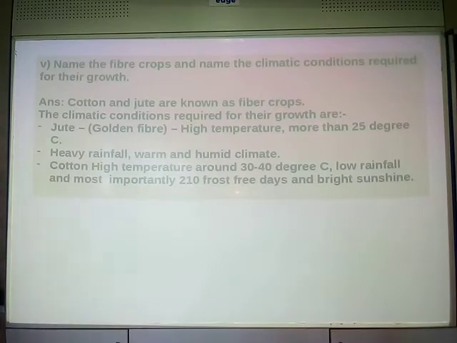Another question is, name the fiber crops and name the climatic conditions required for their growth. You have to first give the name of fiber crops. Fiber crops are those from which your clothes and other materials are made, right? So name some fiber crops. Here I have taken cotton and jute.